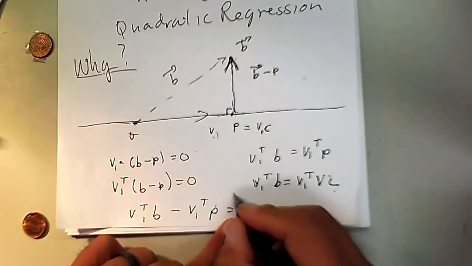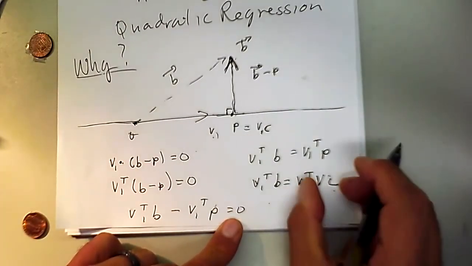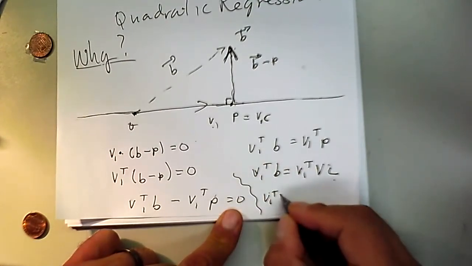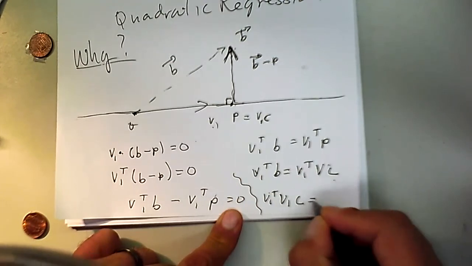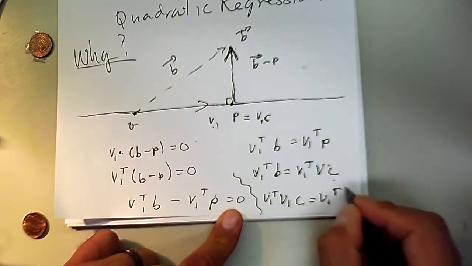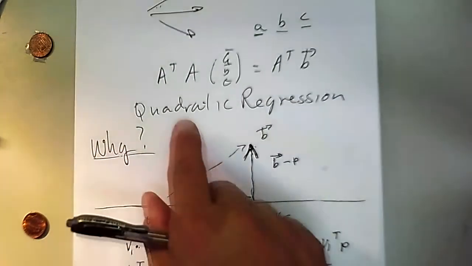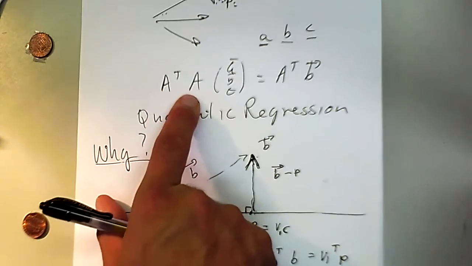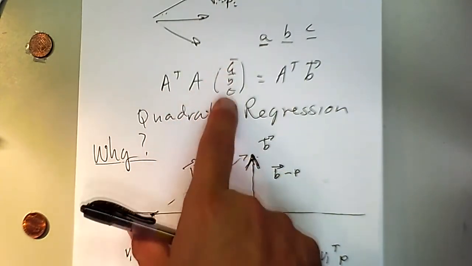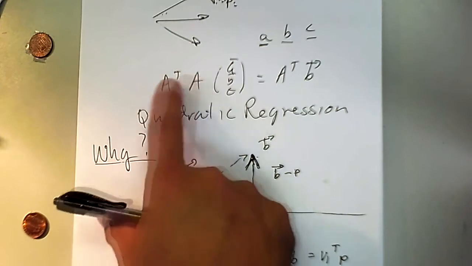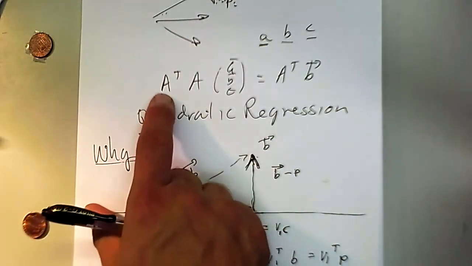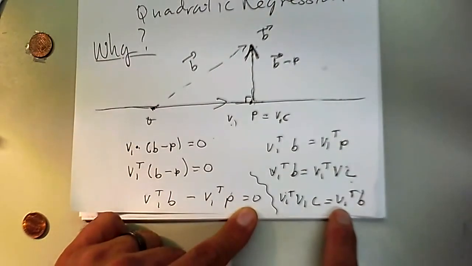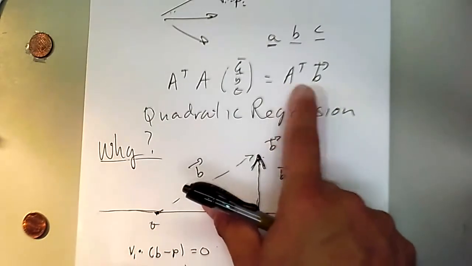Let me write it again, but the other way. So first we will have V1 transpose V1 C equals V1 transpose B. So this is taking the role of A transpose A C. It's A instead of just V1, but that's because we have a matrix, so we have multiple columns, and then the transpose times B is exactly what we have here.